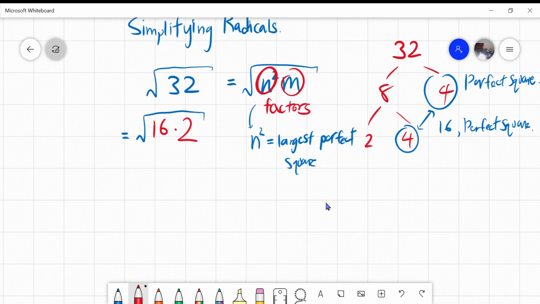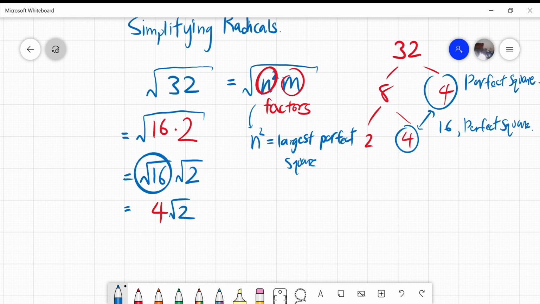So we can rewrite this as square root of 16 times square root of 2. But we already know that 16 is a perfect square. So therefore, square root of 16 is actually 4. And that's how you would simplify radicals.